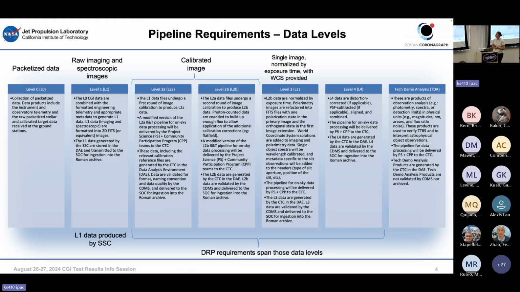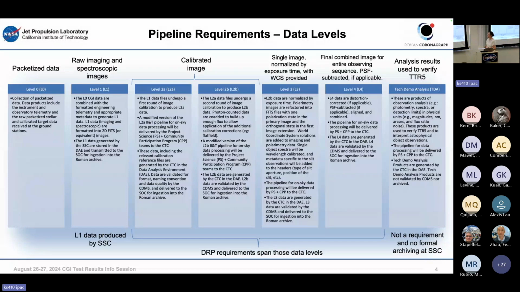Then the normalized image and astrometric calibration are produced at level 3. And finally, we have the final combined image from the entire observing sequence. And if applicable, this combined image will be PSF subtracted. And we have, last but not least, another level of data product that we call the tech demo analysis.